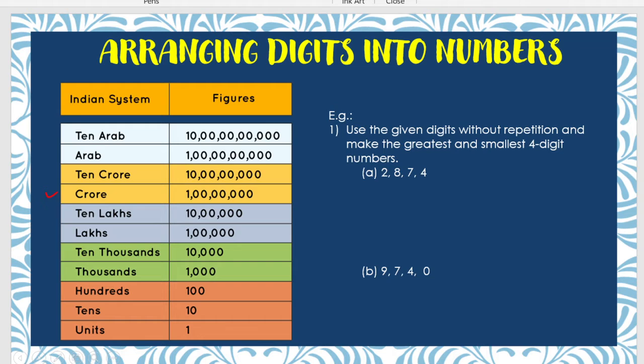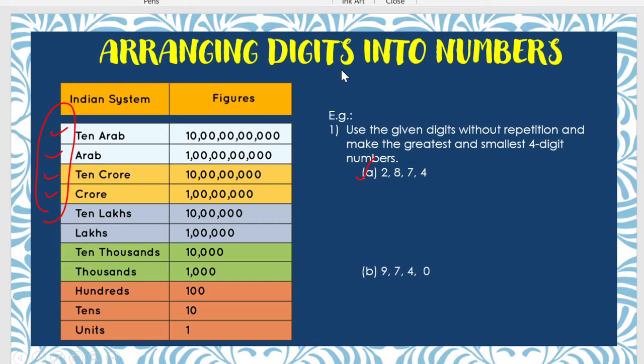Now from ten crores, arabs and ten arabs, we are adding these 4 numbers to your list.